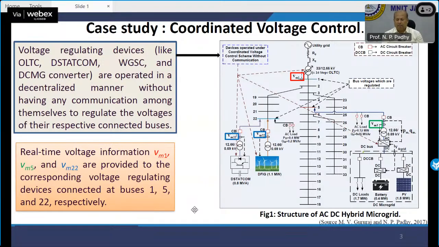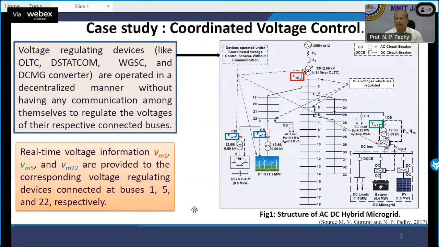And then at bus 5, we have a microgrid. So voltage regulating devices, let me read it. Voltage regulating devices like OLTC, DSTATCOM, and WGC. What is WGC, GSC? Wind grid converters, okay?